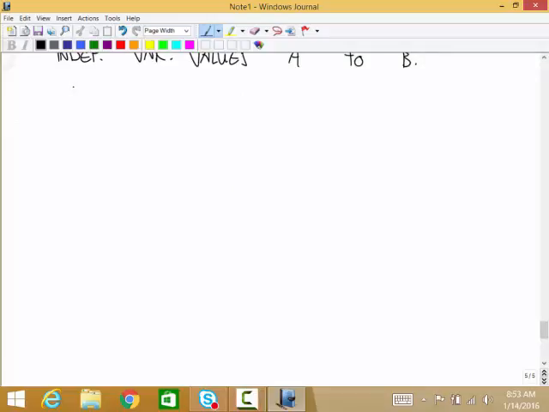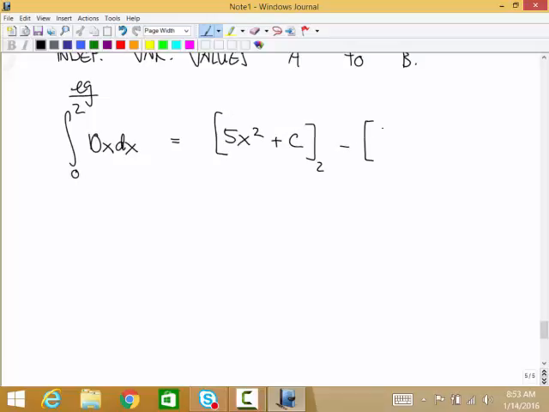Okay, so as an example, if you had this definite integral, that's 5x squared plus c evaluated at 2 minus 5x squared plus c evaluated at 0.